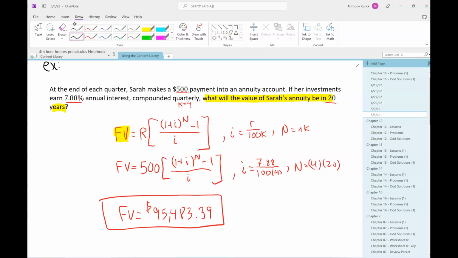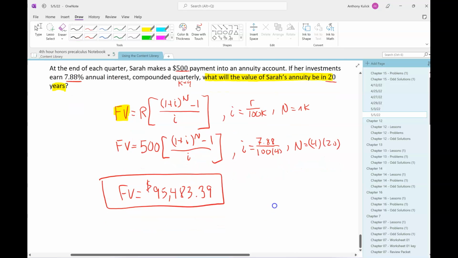Now, when we started talking about annuities, we talked about how we can think about an investment as an annuity like this, or we could think about a loan as an annuity, right?